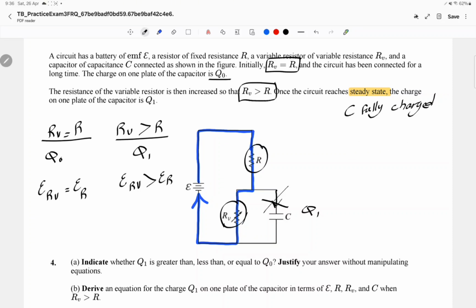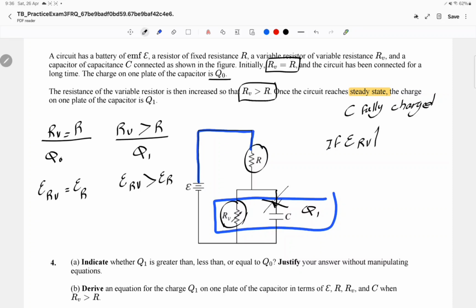And as we know, the capacitor is in parallel with the RV. So if the voltage of the RV goes up, the voltage of the capacitor also goes up, because the capacitor is in parallel with the RV. So it gets the same exact voltage as the RV.